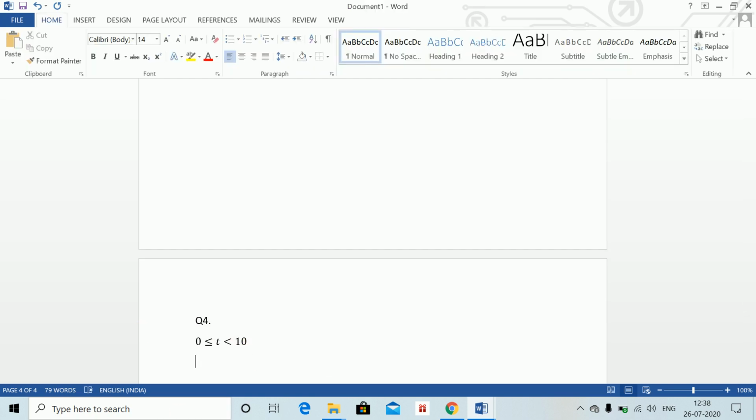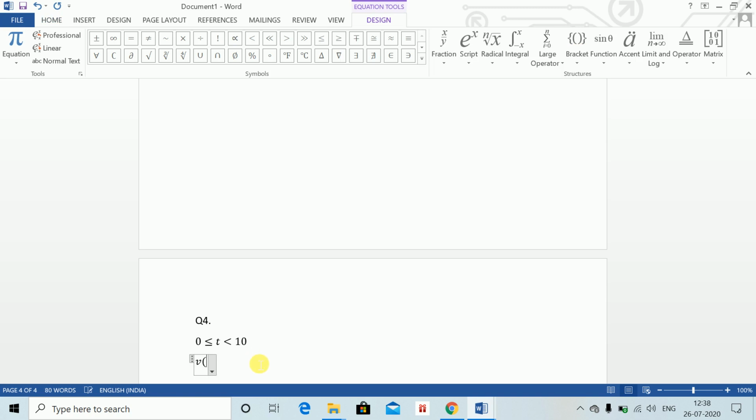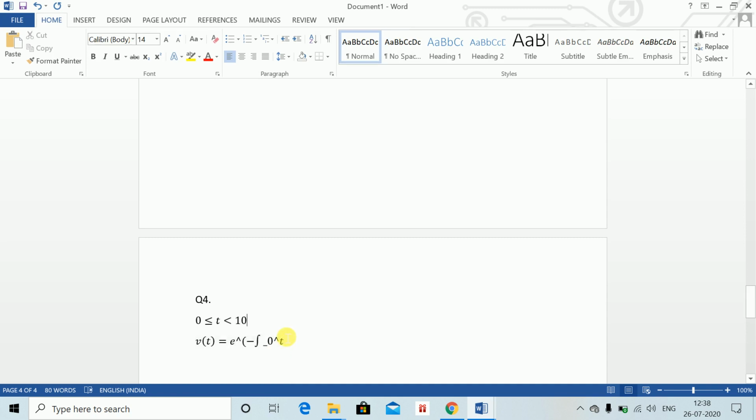When you have to calculate v(t) for this, discounting is equal to e to the power minus the integral from 0 to t, using backslash int, underscore for the lower limit and to the power for the upper limit.